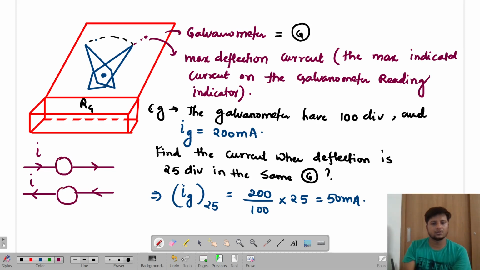Then in the first case, the deflection will be shown towards right, and here the deflection will be shown towards left because the current is moving towards left.